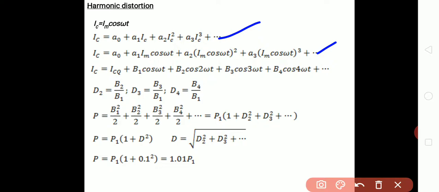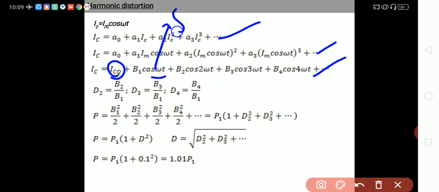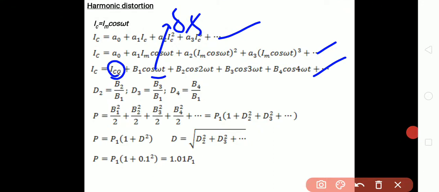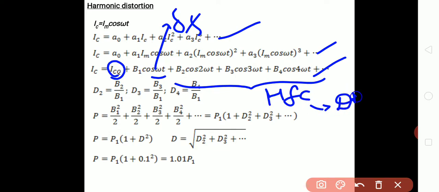In such a way, if I solve the general equation, I get an equation like this: B1 cos omega t plus B2 cos 2 omega t plus B3 cos 3 omega t and so on, and we have a DC value ICQ. In this, cos omega t is known to be the fundamental frequency, and all the other components are known as harmonic frequency components, and these are the main cause of distortion.